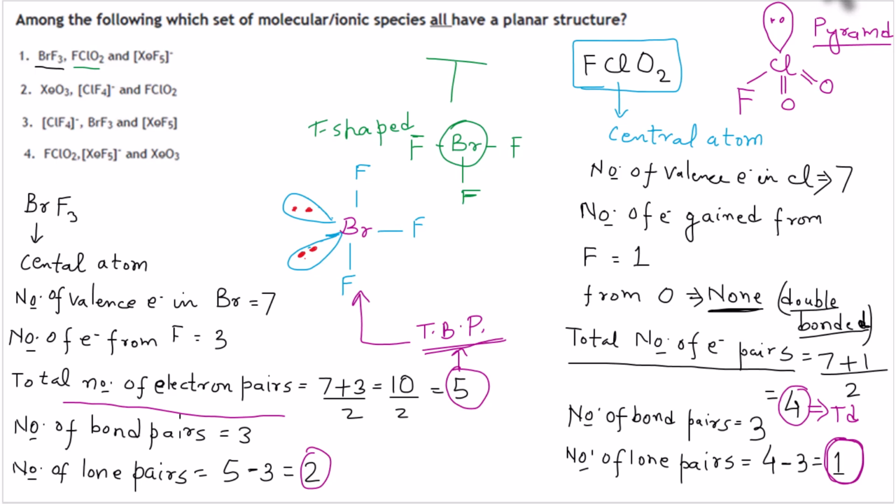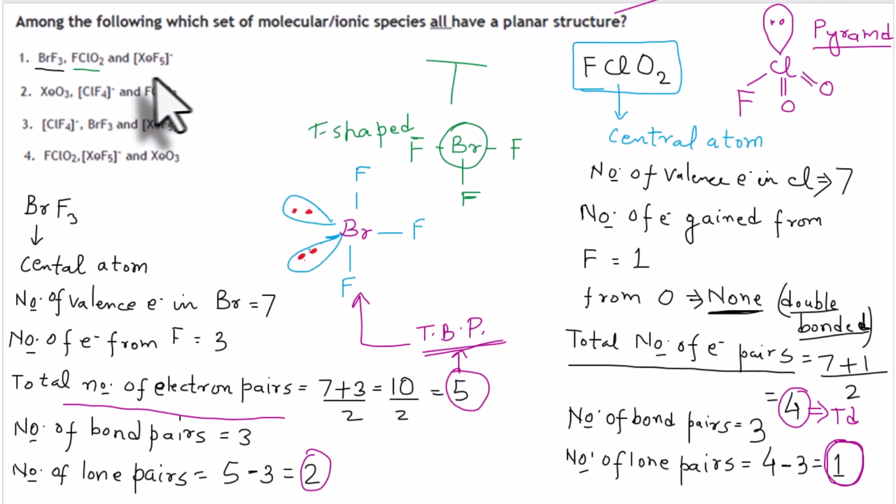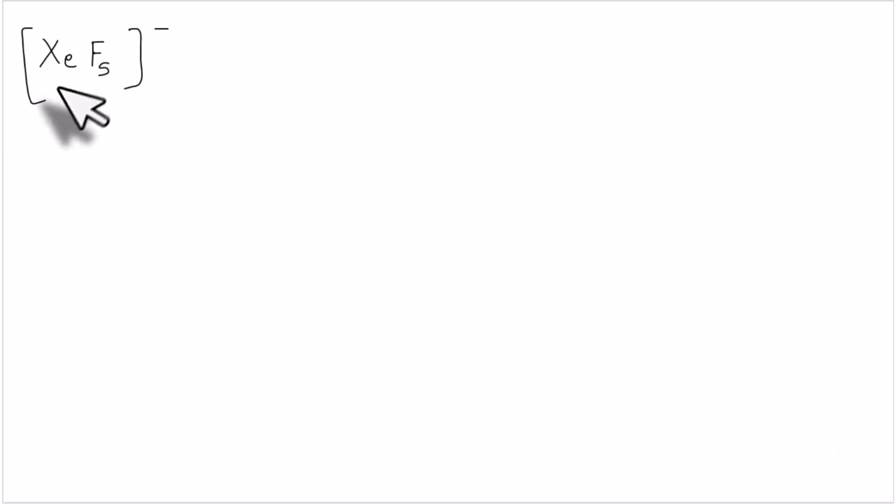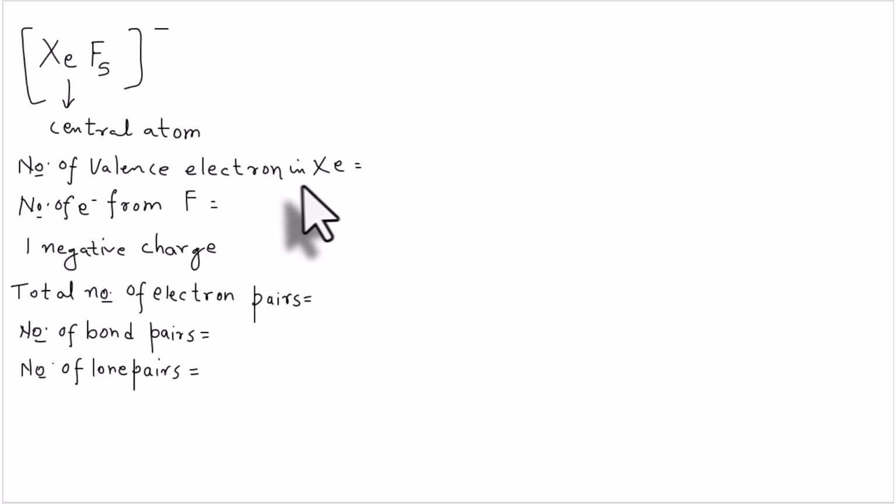Then moving on to XeF5 minus. Now obviously the central atom is xenon here. Since xenon belongs to the 0 group, noble gases, or 8th group, it contains 8 valence electrons. Then number of electrons gained from fluorine: we have 5 fluorine atoms, so 5, and there is an additional 1 negative charge also in this compound.